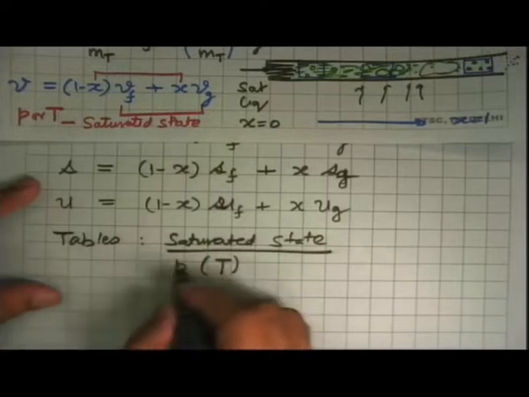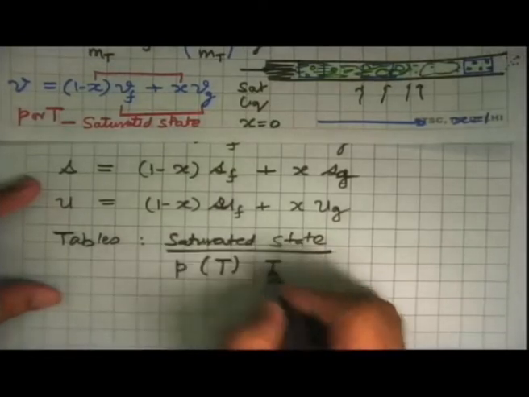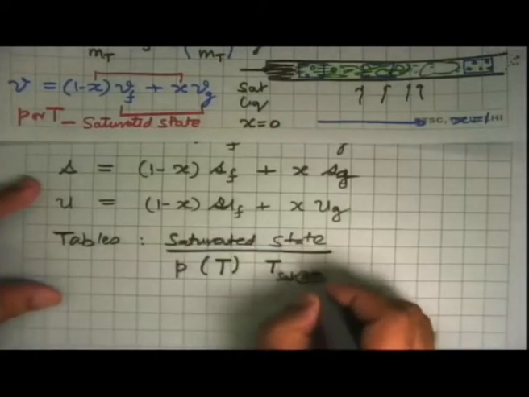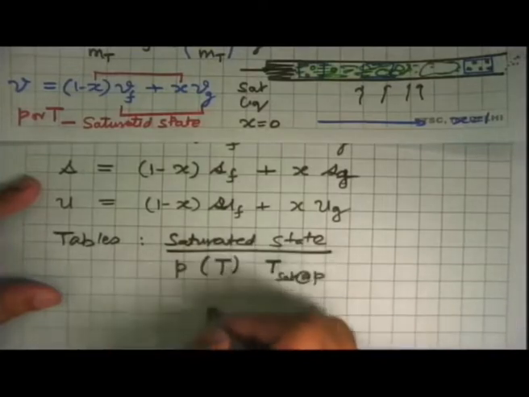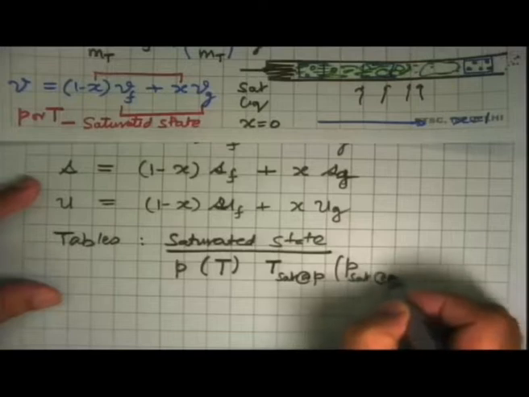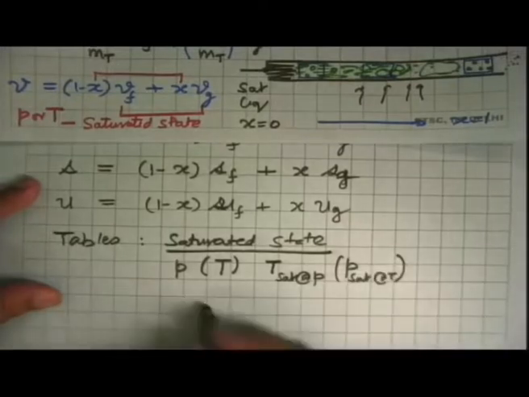If the pressure is given, then after that follows a temperature column, which is the saturation temperature at this pressure, Tsat at this P. If the temperature is the first entry, then the second column will be Psat at that temperature. So we'll have an entry here, like this.